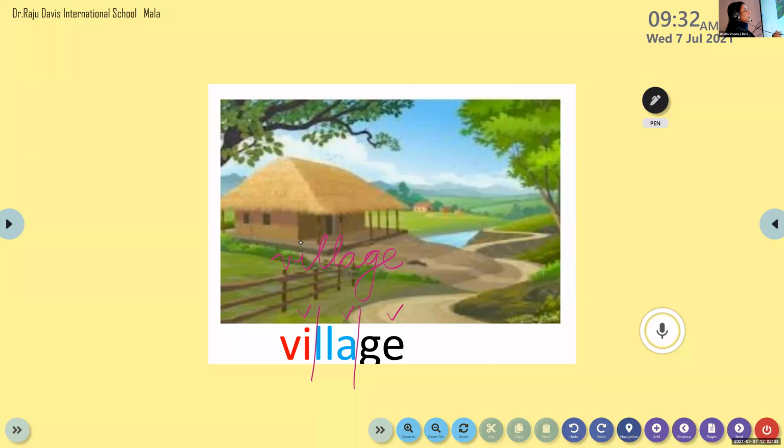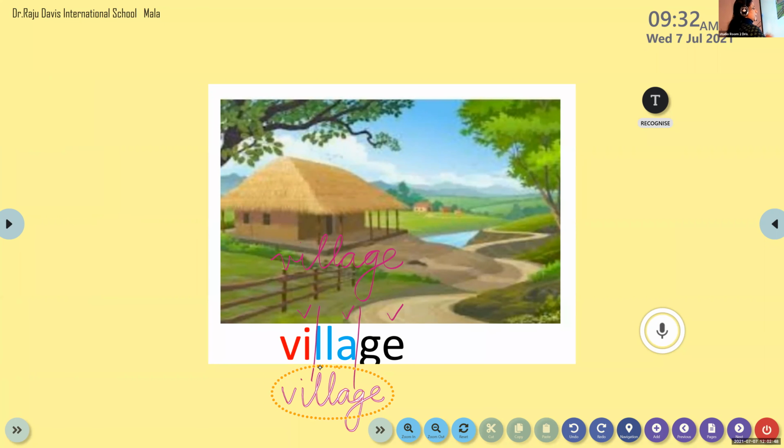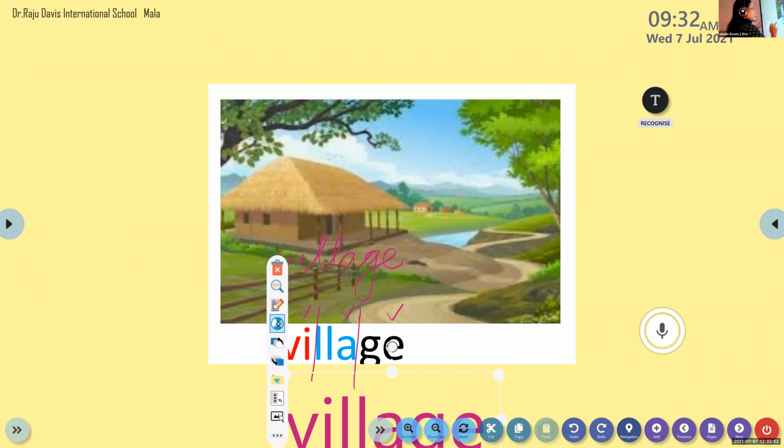Village. The actual pronunciation of the word, I'll show you. That is the way this word has to be pronounced. I wanted all of you to write the word once in your rough book. Please listen to how the word has to be pronounced. Village.